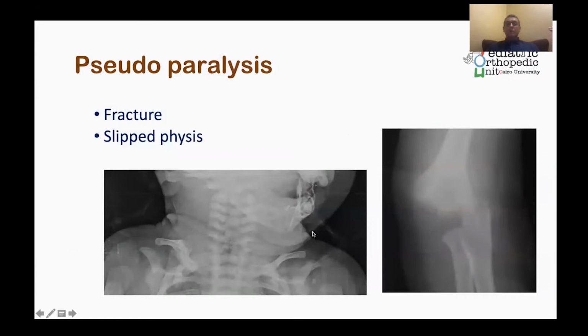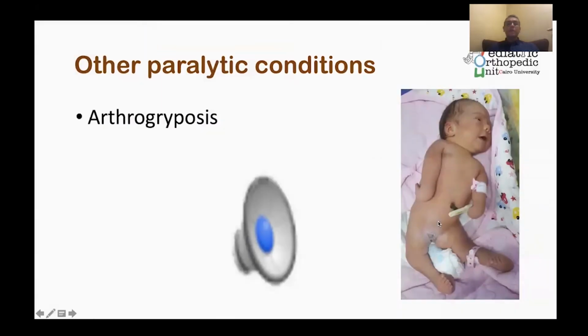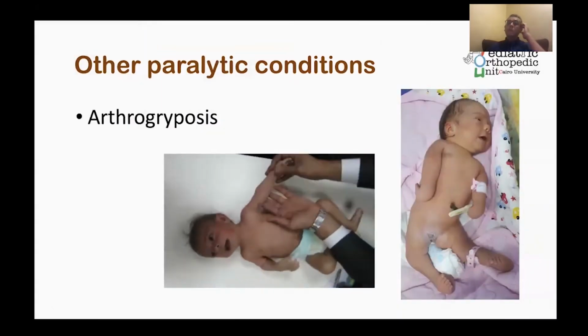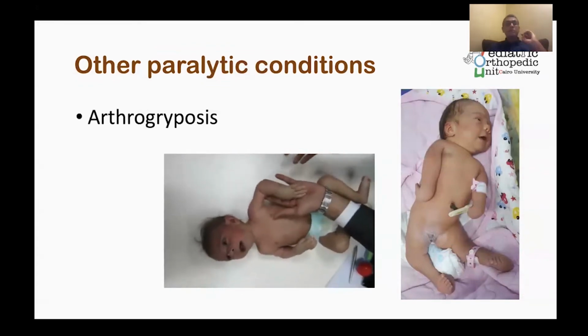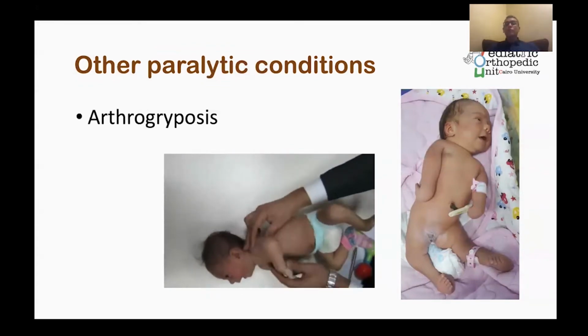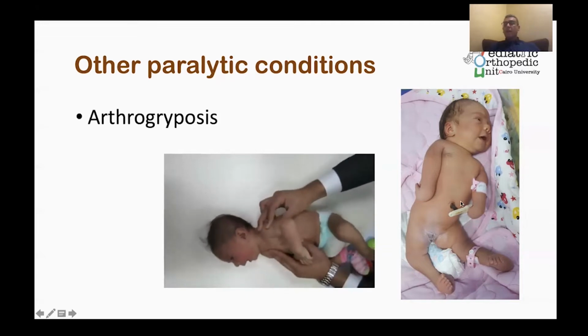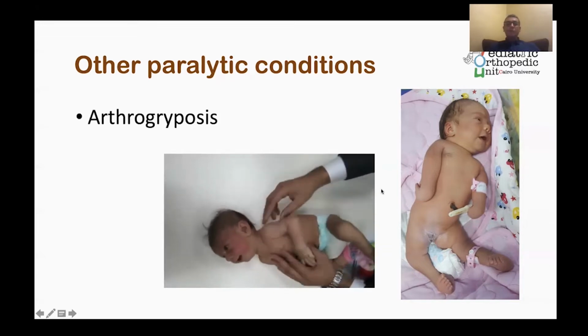The most common injuries are fracture of the clavicle or slipping of the proximal or distal humeral epiphysis. All these are neonatal injuries that may be misdiagnosed as brachial plexus palsy. Also, neonatal contractures should be diagnosed as arthrogryposis and not brachial plexus palsy.